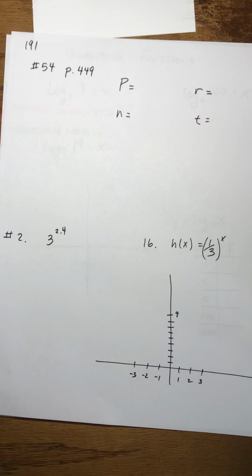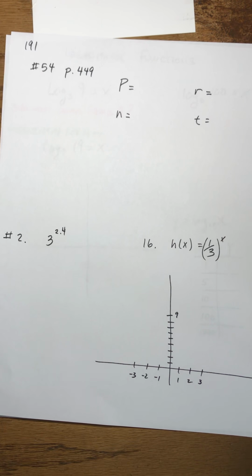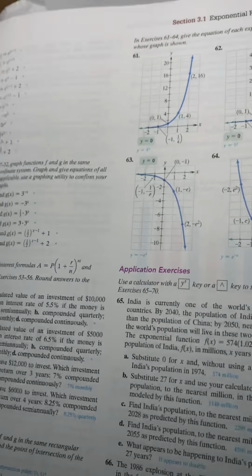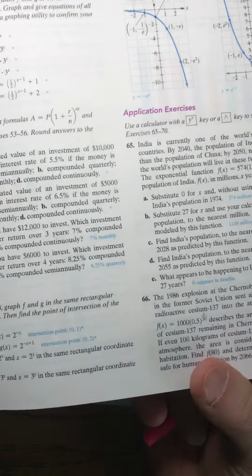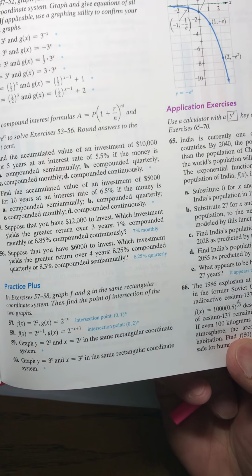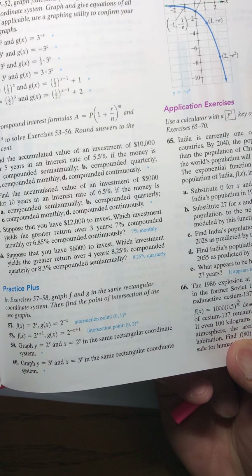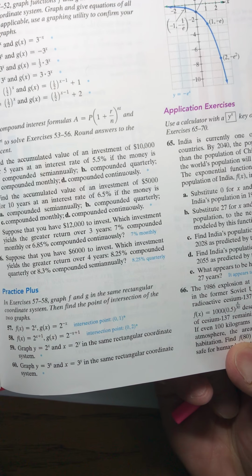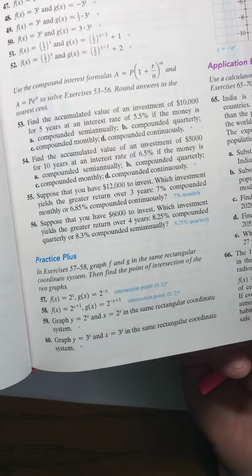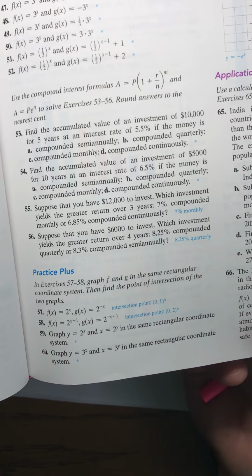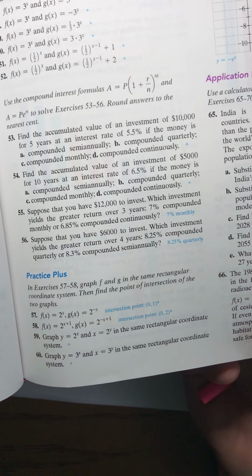Number 54 in the book says, find the accumulated value of an investment of $5,000 for 10 years at a rate of 6.5%. If the money is compounded semi-annually, that's twice a year, quarterly, that's 4 times a year, or monthly, that's 12 times a year. And part D says compounded continuously.